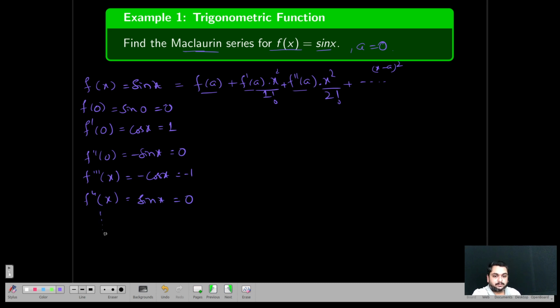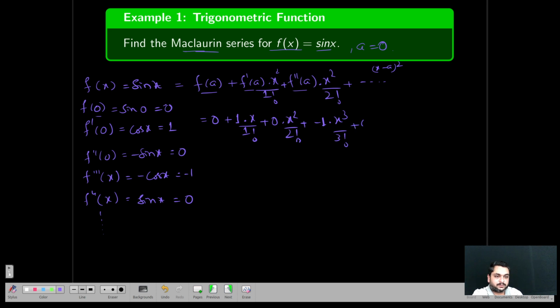So you can go on till how many terms you want to add. Now I go on substituting. f of 0 is 0, plus f dash of a, which is 1, into x divided by 1 factorial, plus f double dash of a is 0 into x square by 2 factorial, plus next f triple dash is minus 1 into x cube by 3 factorial.